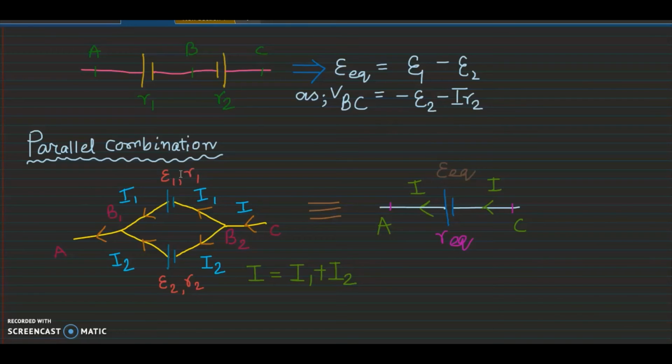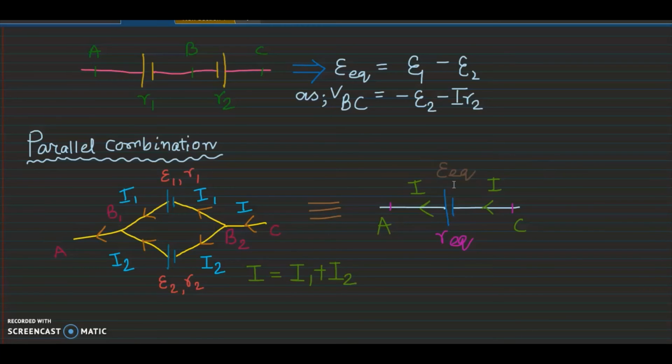Now for the parallel combination, you can see from the figure here that the two endpoints of the two cells are connected together. One has epsilon 1 and R1, the other has epsilon 2 and R2. Here the currents will add up, meaning I is equal to I1 plus I2. For the two points B1 and B2, the potential is the same.